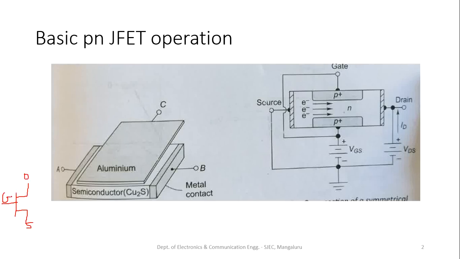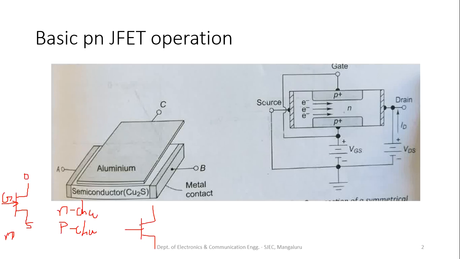In the junction field effect transistor, again there are two types: the N channel junction field effect transistor and the P channel junction field effect transistor. If the arrow is inside, then it is an N channel, and if the arrow is outside, then it is a P channel junction field effect transistor.